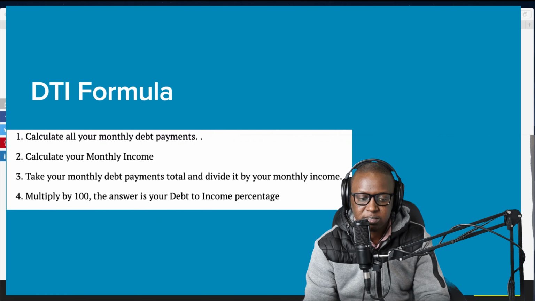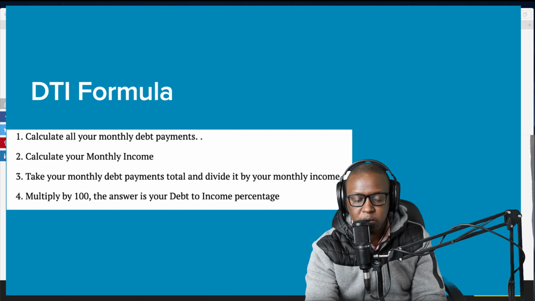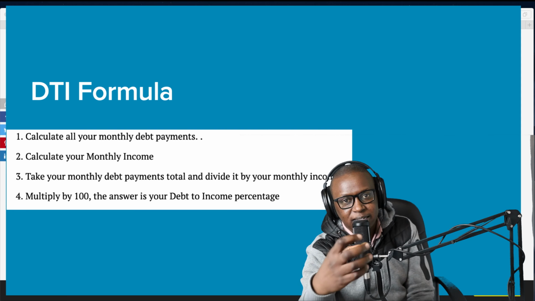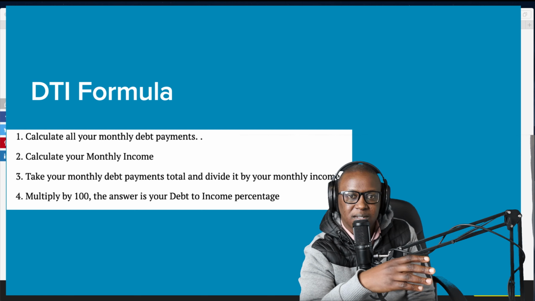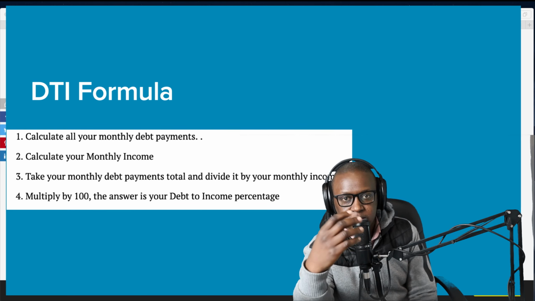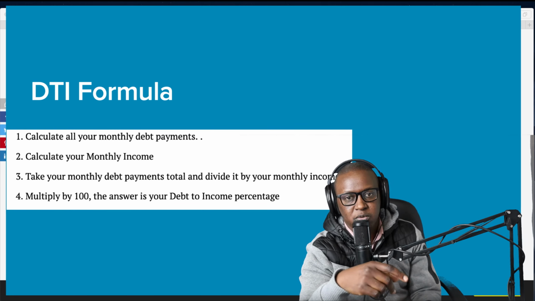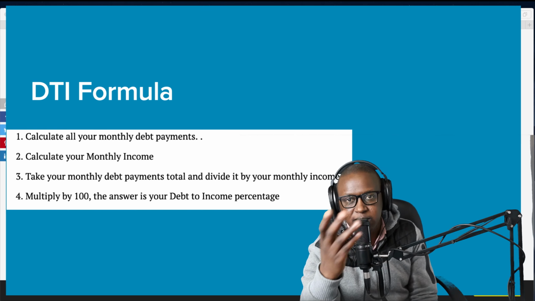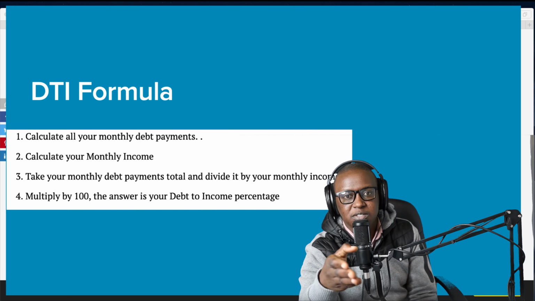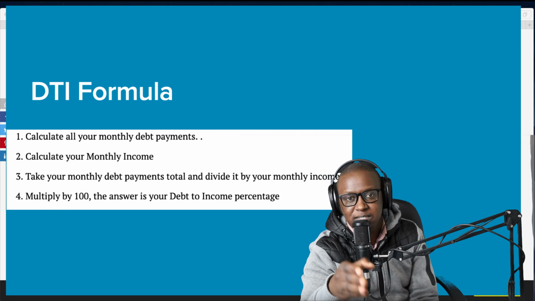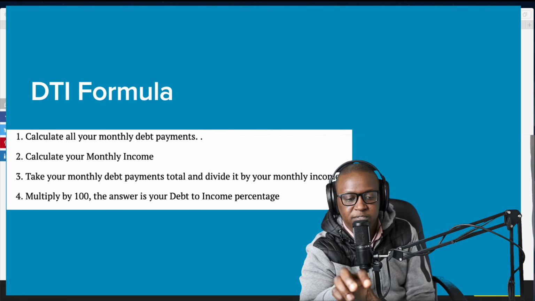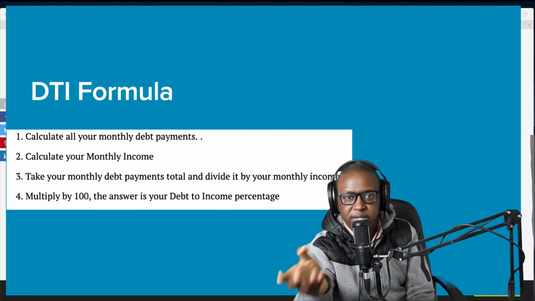What we mean by that is that your monthly repayments must be 35% or less of your total income. Let's say, for example, your income is 10,000 a month. That means your repayments must not exceed 3,500 per month. That's when you have a good debt to income ratio.